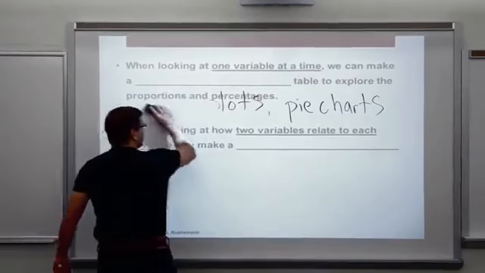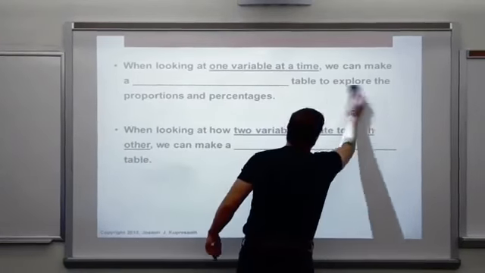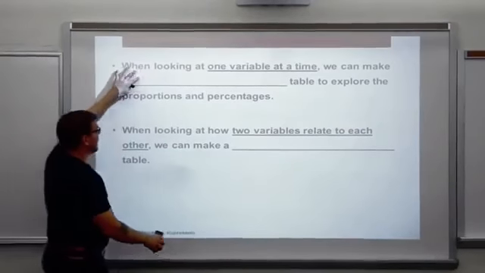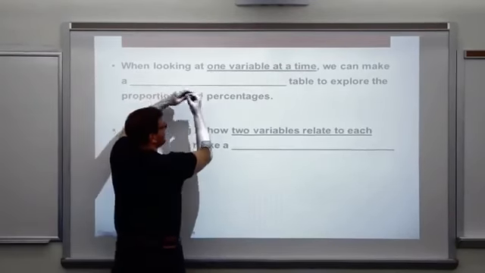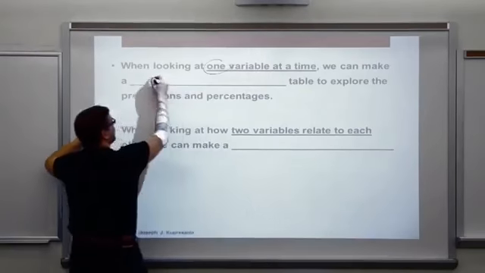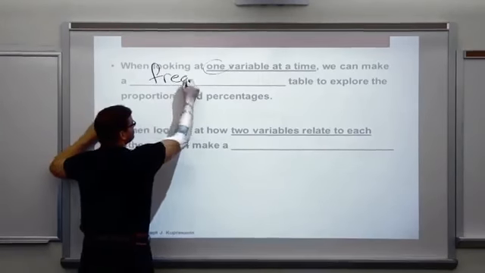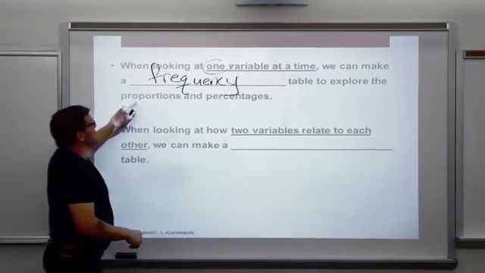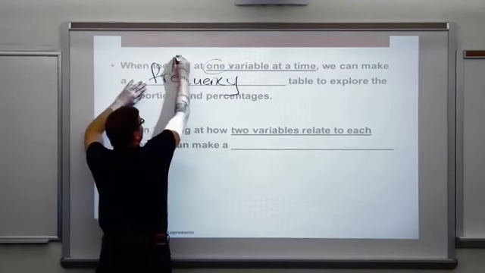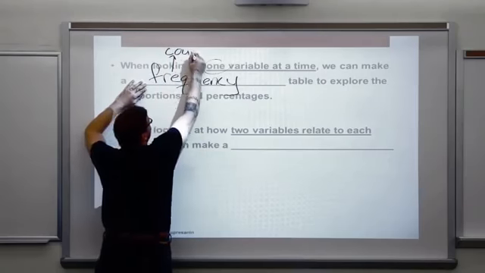All right, get this out of the way. Students, when we're looking at one variable at a time, we can make some tables. When it's one variable at a time, it would be called a frequency table. I'm going to just add a few things here. This would have the counts.